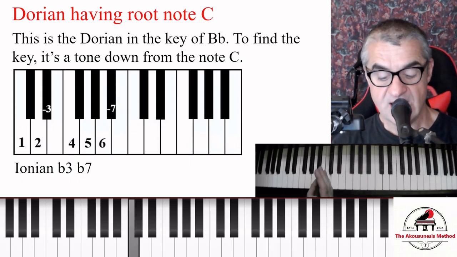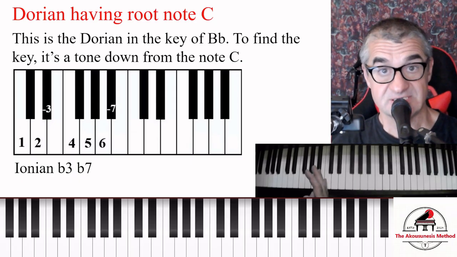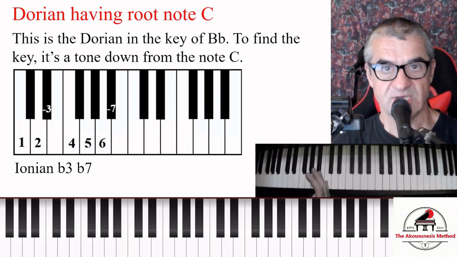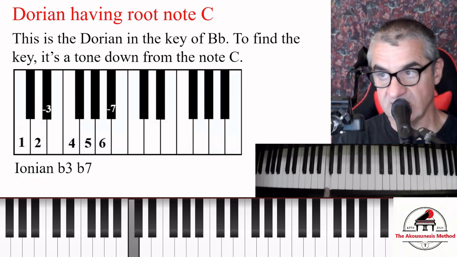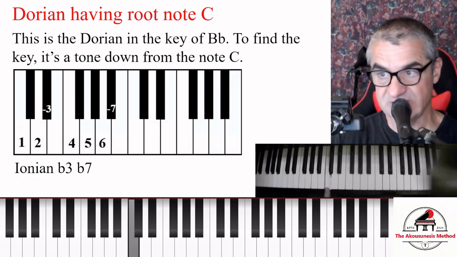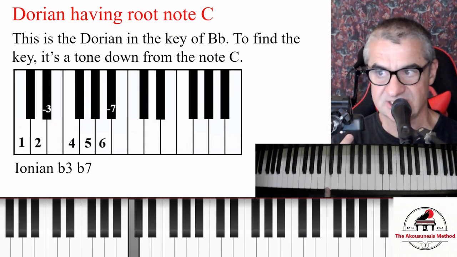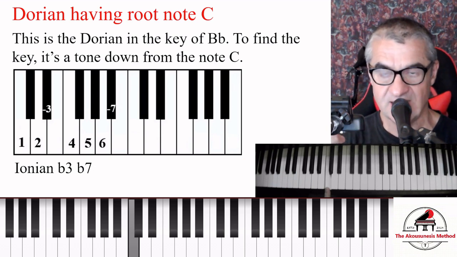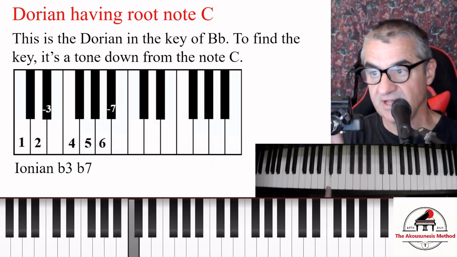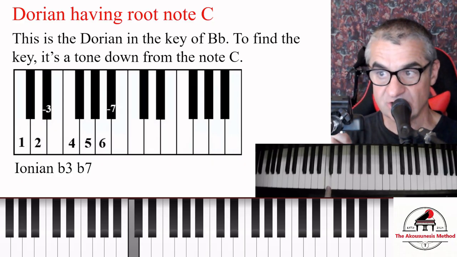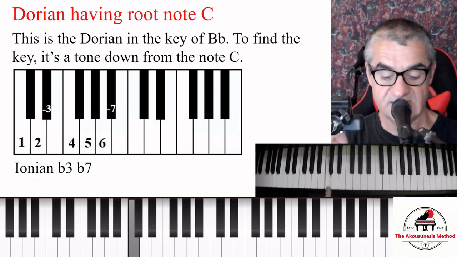So now that we've played C Dorian, we've got to work out what key C Dorian is in. What key does it exist in? I can look at what I've written on the screen and see that there are 2 flat notes. I can see that the key of B flat has B flat and E flat in it, and hopefully you can too one day. But if you don't know that, that's fine.